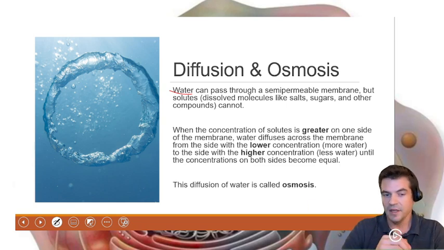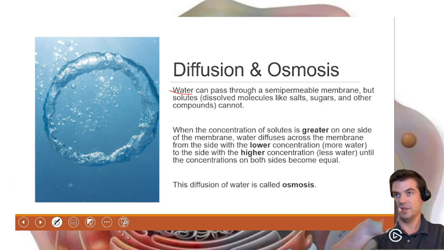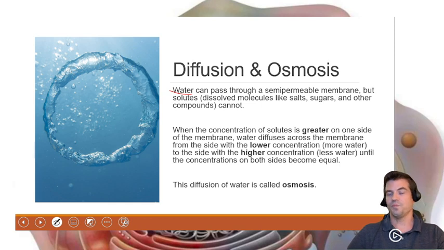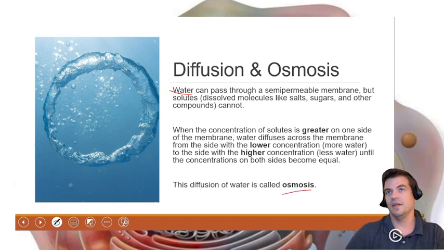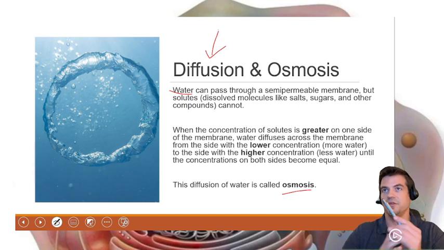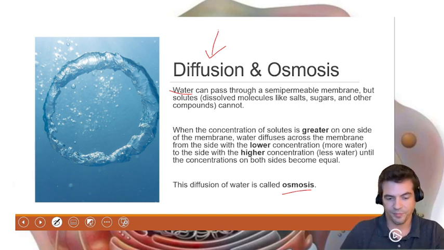Conversely, if you have salt water in the balloon, water will rush in and try to equalize that. Okay, so this is called osmosis. And if it wasn't water, that is called diffusion. So osmosis is just diffusion with water, but you can have diffusion without water.